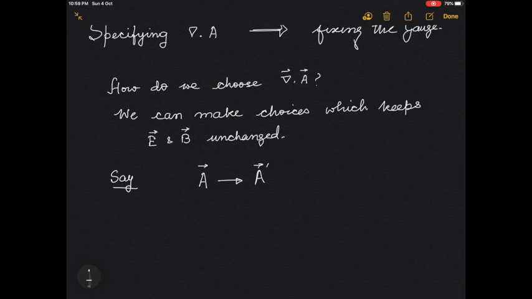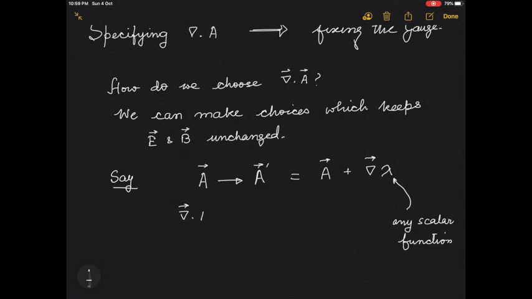Okay. How can I do this change? To do this change, what I can do is I can add to A a gradient of a scalar, any scalar function. I say I can do that.